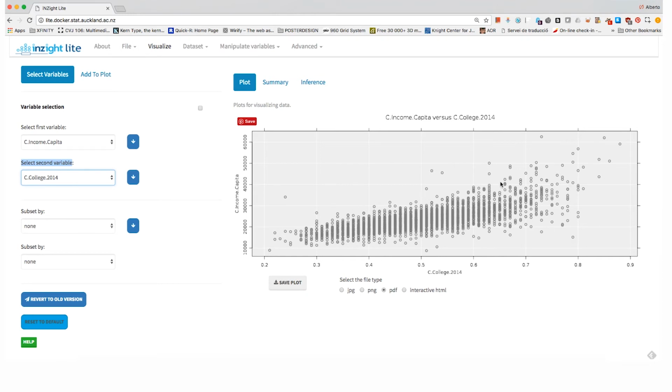Sometimes the direction of the relationship, in which case a positive relation, the more we have of this variable, the more we have on the second variable, right? Sometimes the relationship goes up, but it could go down. For instance, if we compared, I don't know, poverty rates versus income per capita, the relationship will be negative, because the higher the average income per capita per county, probably the lower the poverty rate will be, right?